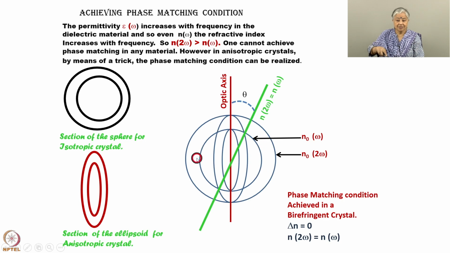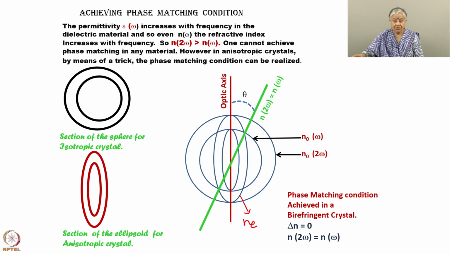See, this circle corresponds to NO at 2 omega. This circle corresponds to ordinary omega. This one corresponds to NE, for the extraordinary ray.